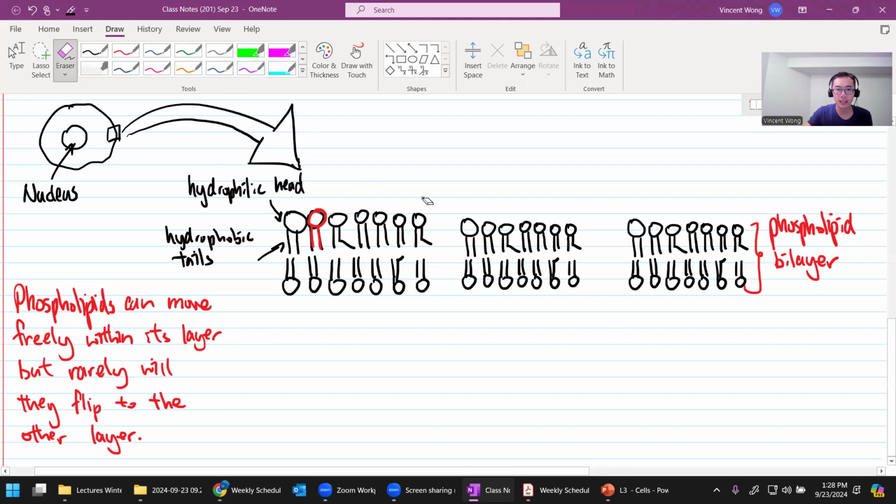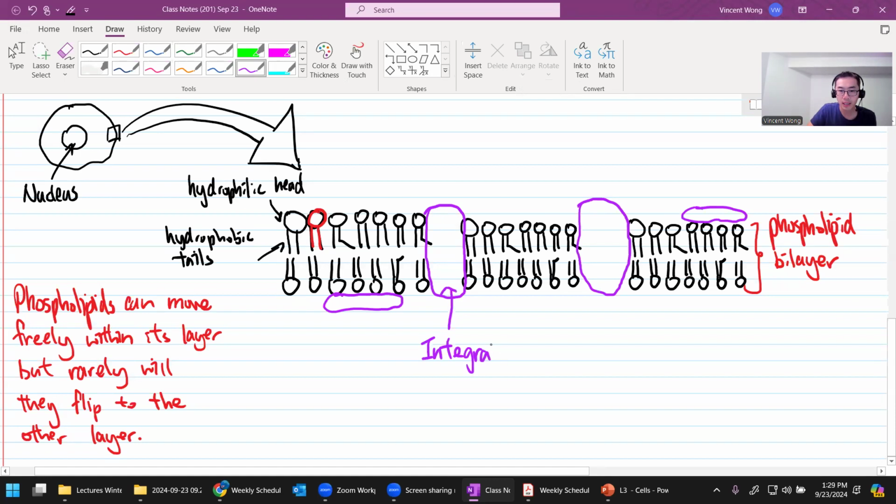Every now and then, you will have a protein that's inserted in the cell membrane. Some proteins will go all the way through, like this. Some proteins might just be stuck to the inside or stuck to the outside. The proteins that go all the way through, we call them integral. Integral protein spans the entire membrane.